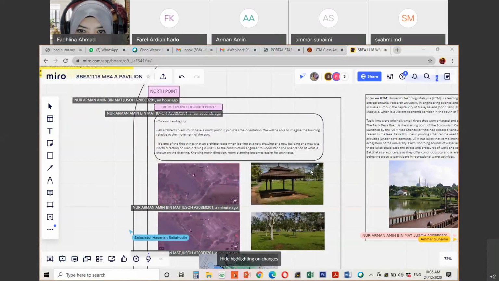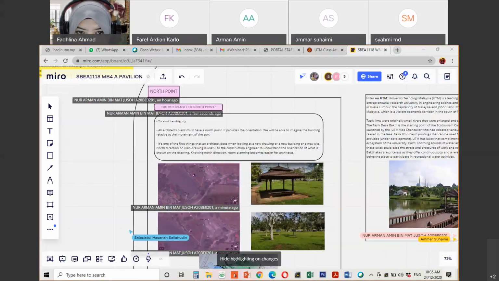So first, I'm going to present about North Point. Firstly, we need to know about the importance of North Point. The first is about the ambiguity. All architect plans must have a North Point to provide the orientation.